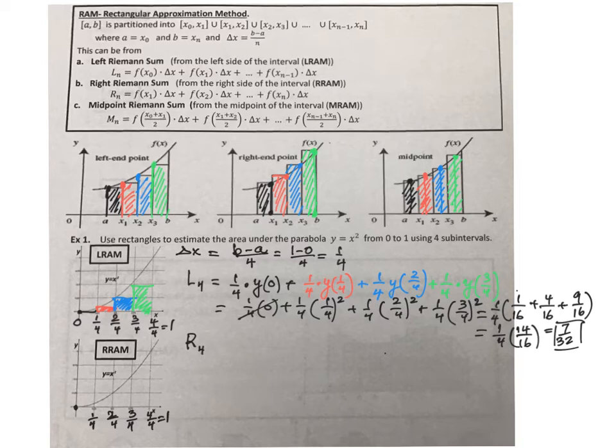Instead of using a, we're using the right endpoint. So we have a little height, which is (1/4)². That's the height, and the base is still the same. So our delta x is still 1/4 because we divide 1 into 4 equal spaces.